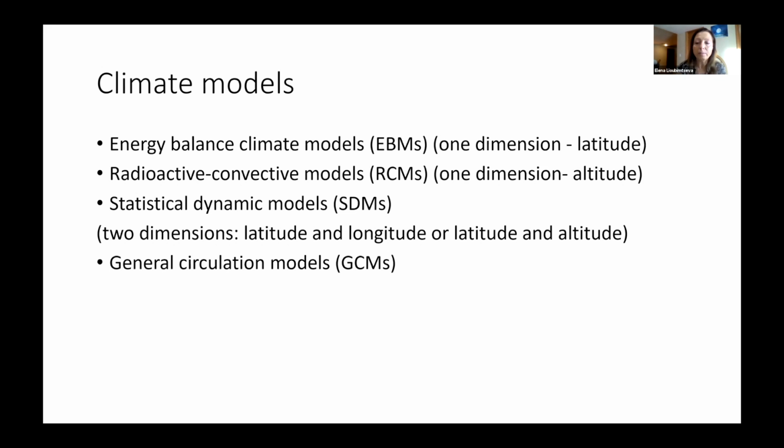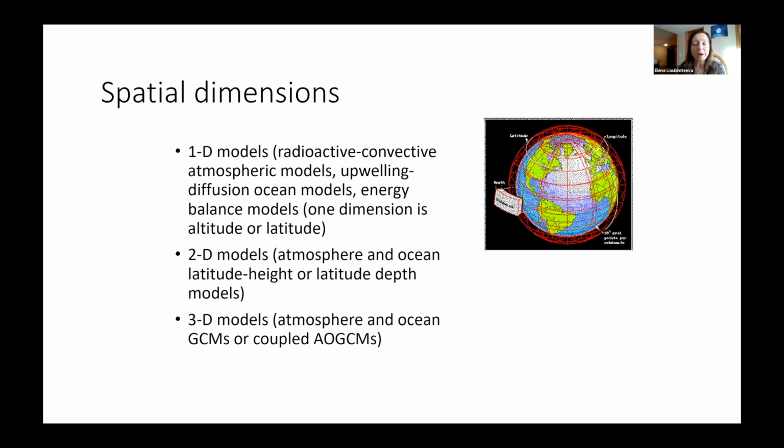You have probably heard the term GCM. Many people refer to GCM as global climate models, but those are actually general circulation models, and they simulate what is happening in the climate system, what kind of changes we might expect in the atmosphere and in the ocean, and especially in this whole interaction of the climate system, including both ocean and atmosphere, as a result of higher concentrations of greenhouse gases.